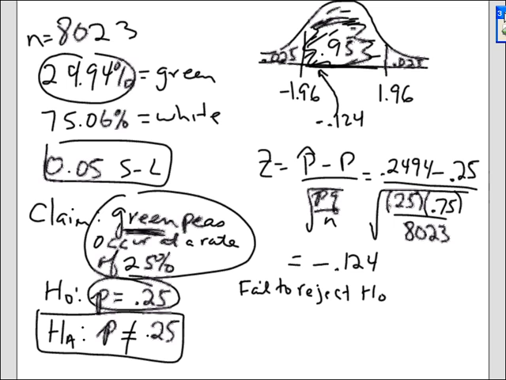And by the way, the negative 1.96 and the positive 1.96, the cutoff values, they're called the critical values.